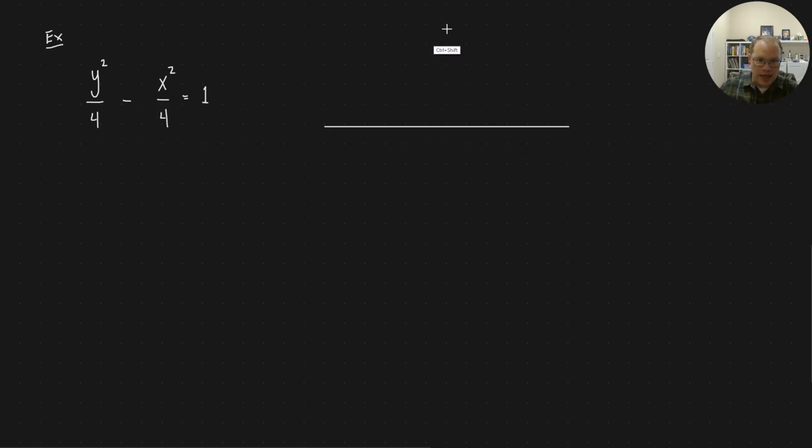Okay, again, how do I recognize it's a hyperbola? I got an x squared and a y squared, and they have opposite signs. The y squared term is positive, the x squared term is negative.